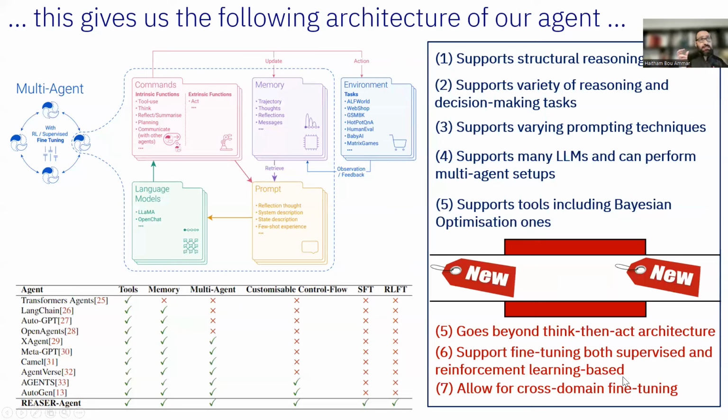So we could do one task for different environments, like a BabyAI AlfWorld environment, or we could do fine-tuning per specific task. So now our agent can do what other agents do, but more importantly, it can go into fine-tuning, both supervised and reinforcement learning, which to our knowledge is the first time reinforcement learning-based fine-tuning has been shown to scale so far on held out tasks, as I will show later.